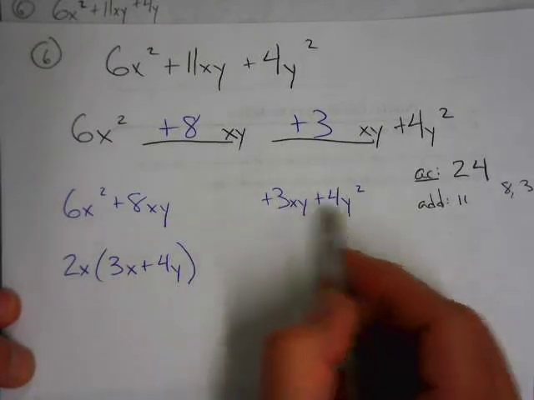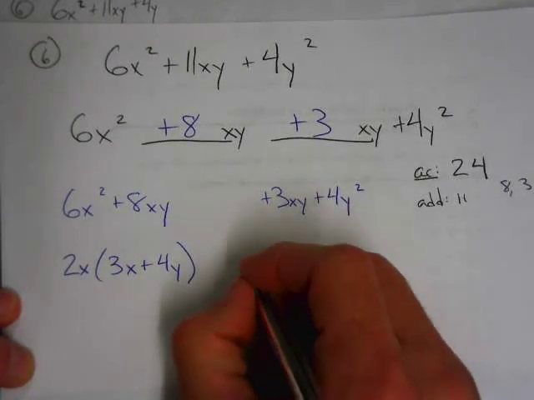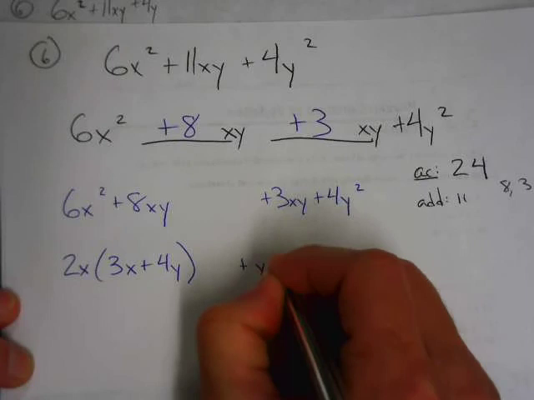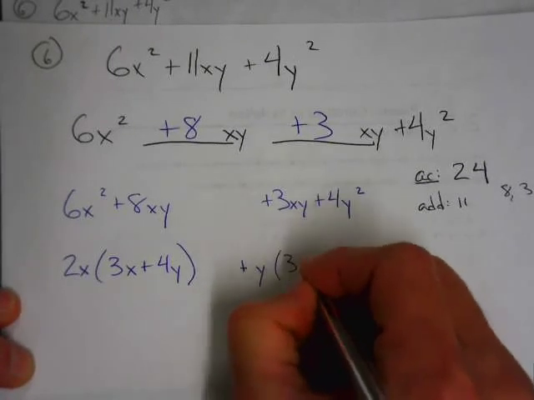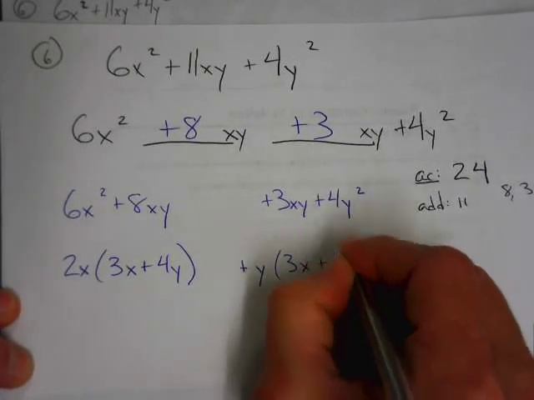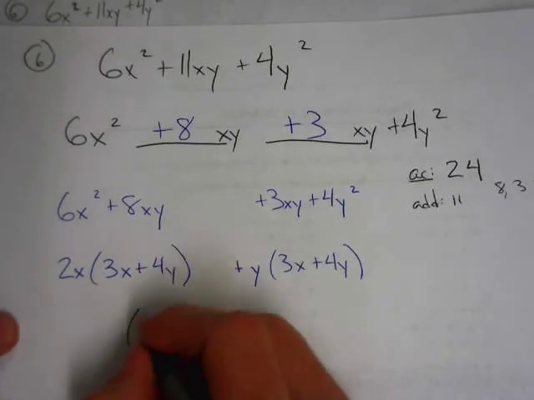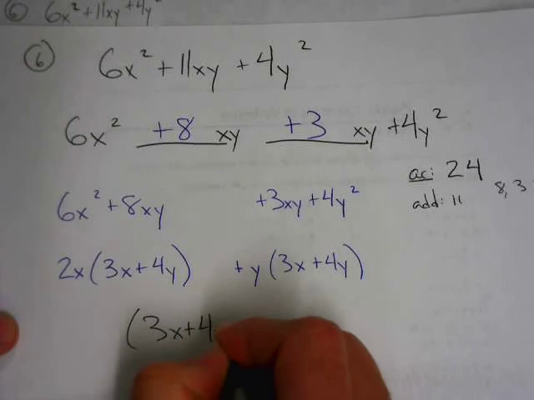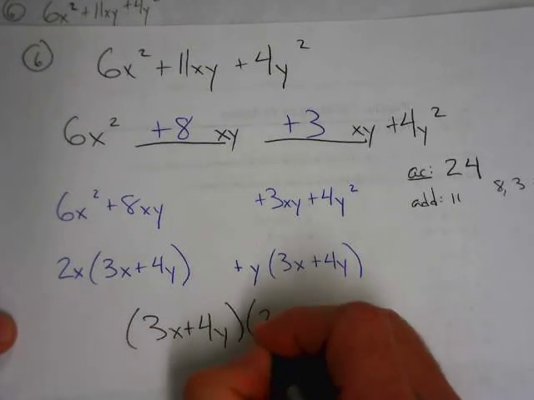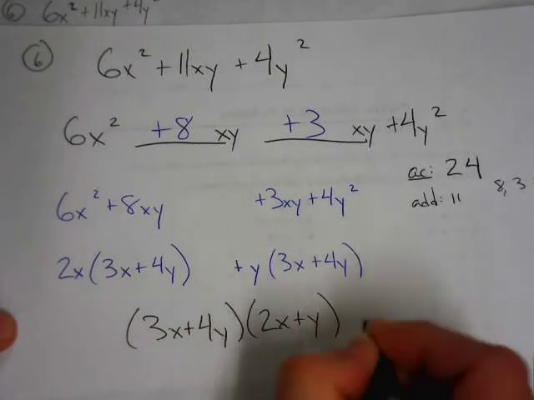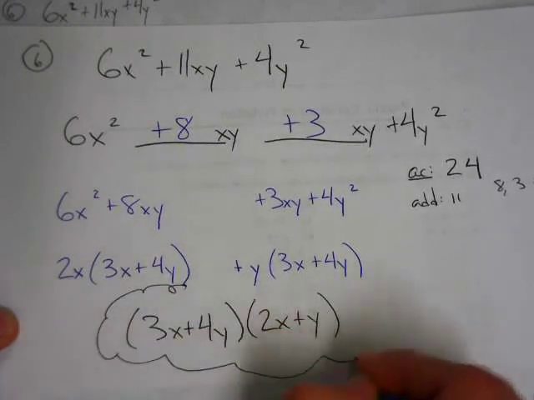And in my second group of numbers, my greatest common factor is y, and I'll be left with 3x plus 4y, and now I see my common binomial. Okay, so all of this plays out very, very well. And now I have factored my expression.